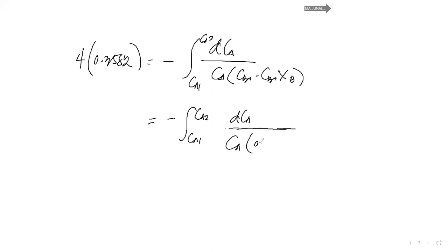Our CBO is 0.7. Our CBO XB is CAO XA. Now, how can we change the CAO XA in terms of CA?